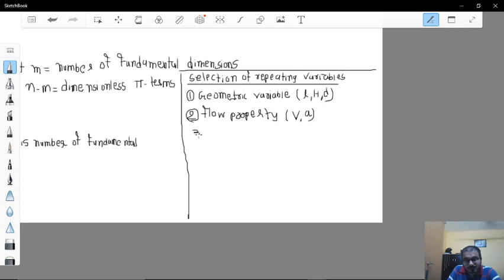Then third one is fluid property, so it can be dynamic viscosity, it can be a density, like that. So let's copy this.